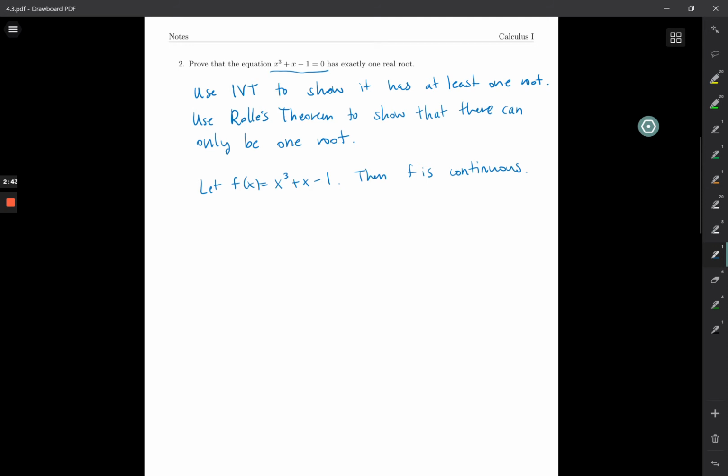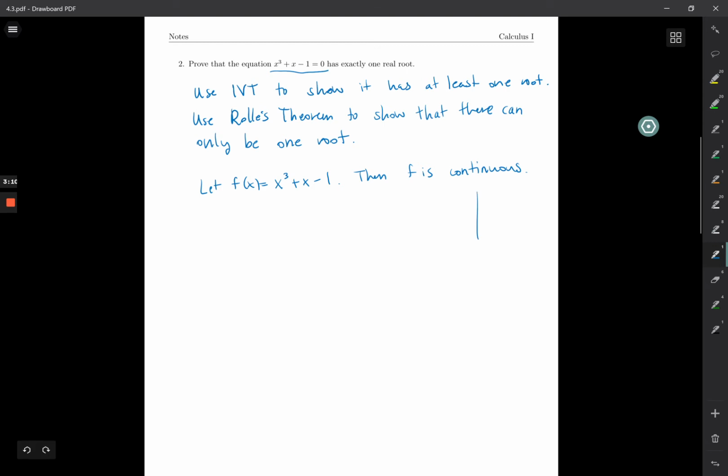This time we're not given an interval in which the root might exist. So we actually have to try to pick numbers where the function is going to be negative, and then pick another number where the function is going to be positive, and then if we find two of those, knowing that the function is continuous, it will have to pass through 0.